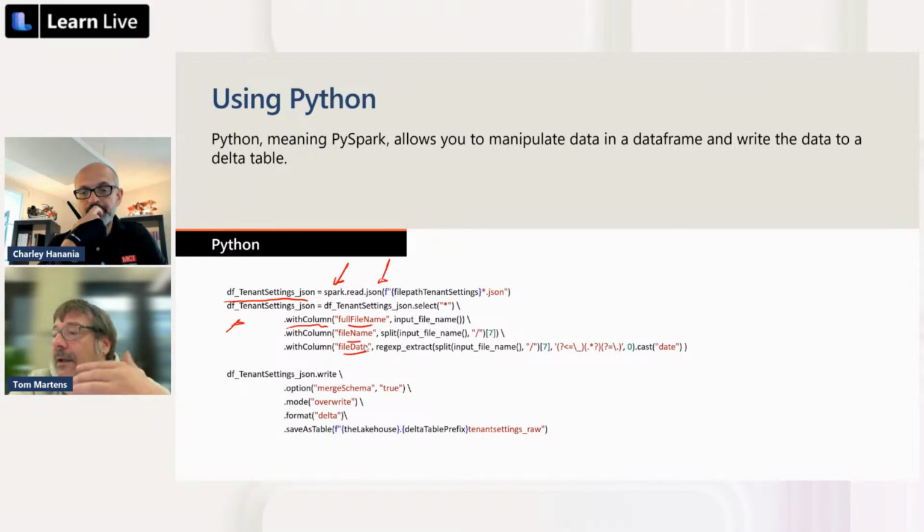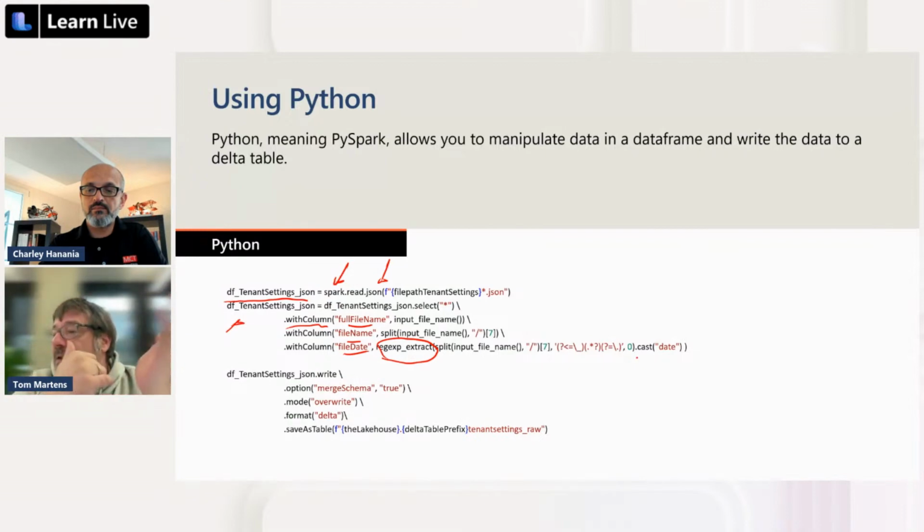As you can also see, it's possible to use different functions. In the last withColumn line, for file date, I'm extracting a date from a file name using a specific function that is available inside Spark, and then I cast it as a date.